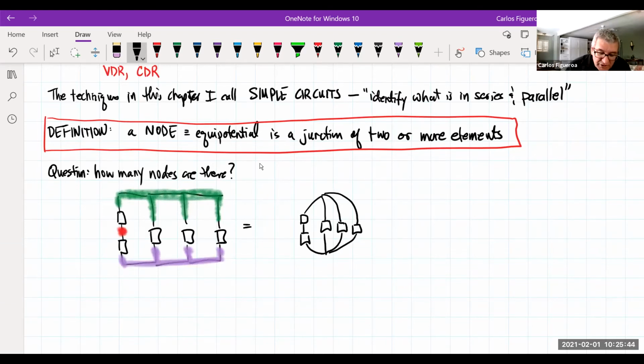You're reducing everything here. So here's my red, here's my green, and then here's my violet. In this case I reduced it. So how many nodes do I have? I have 3 nodes.